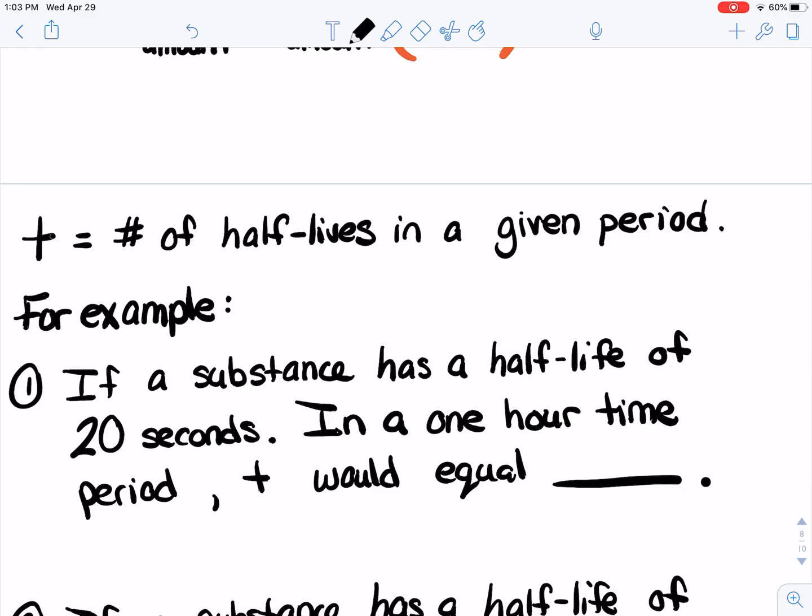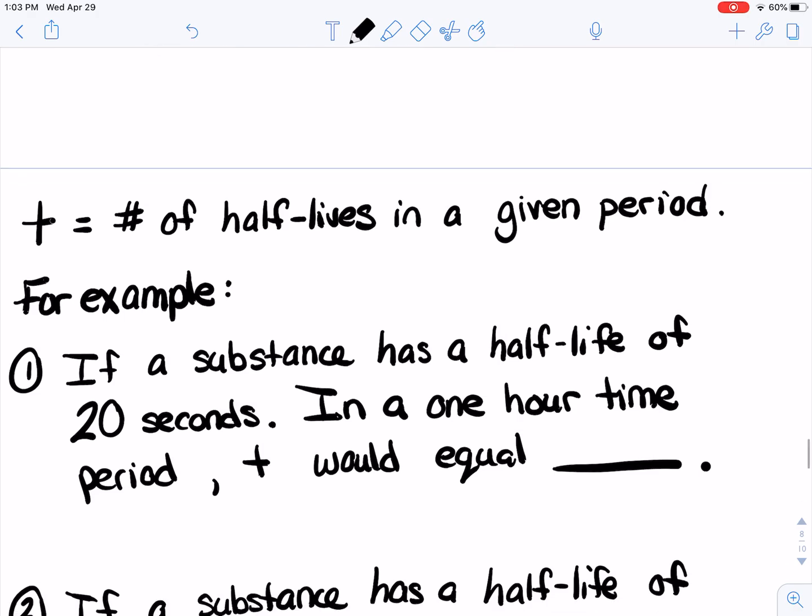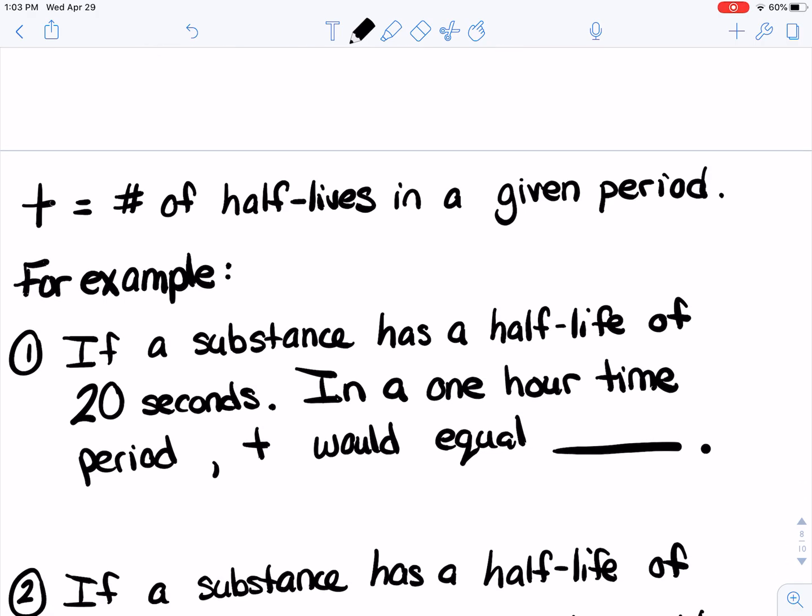So the first thing they're going to tell you when they're doing these problems is how long the half-life of a particular object is. Then they're going to give you a time period and you're going to divide one into the other. So for example, if a substance has a half-life of 20 seconds, in 1 hour's time period, T would equal, so I've got to figure out how many times 20 seconds happens in 1 hour.